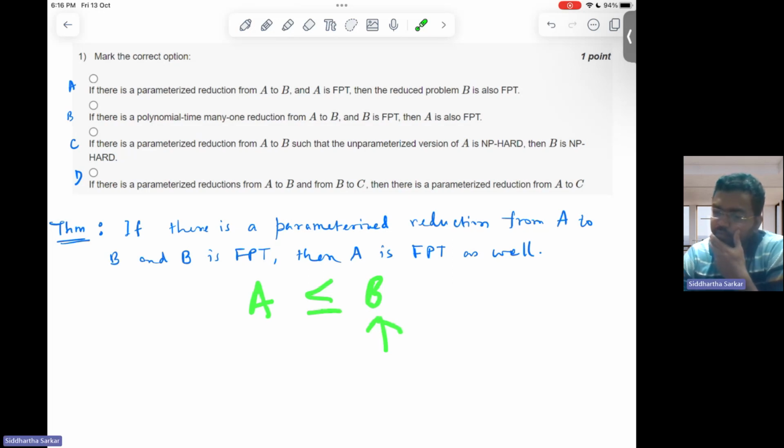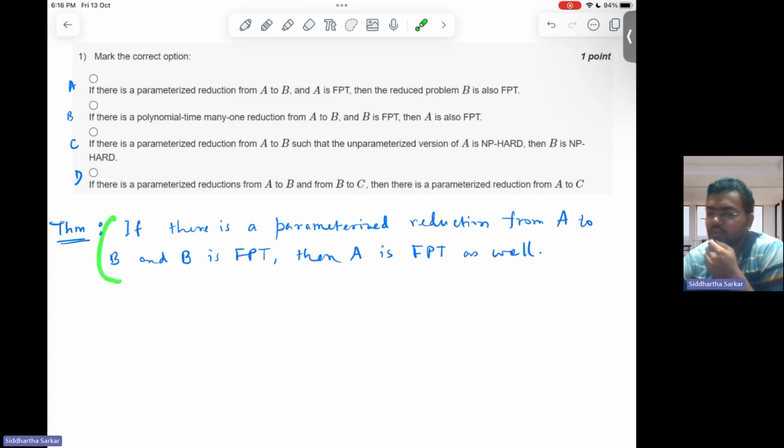But the statement of the question is different. It is saying that if A is FPT, then B is FPT. So the theorem and the statement are not aligned. So maybe we can give it a thought whether the statement is true or false.